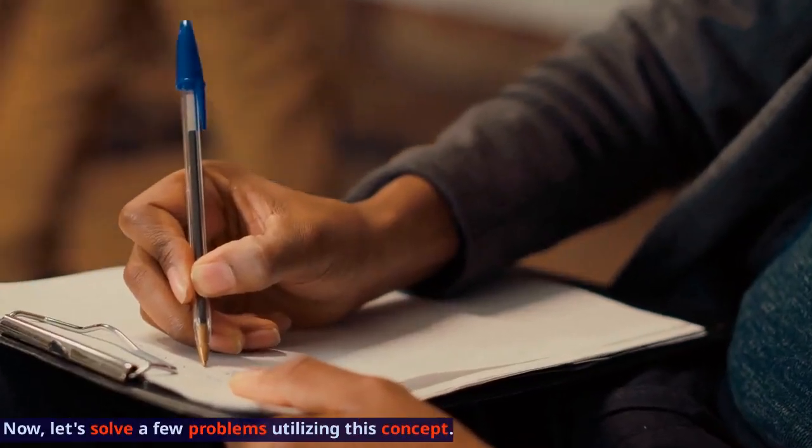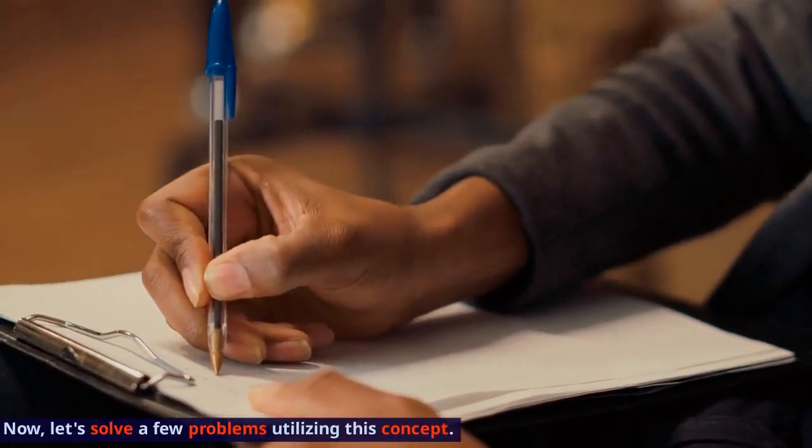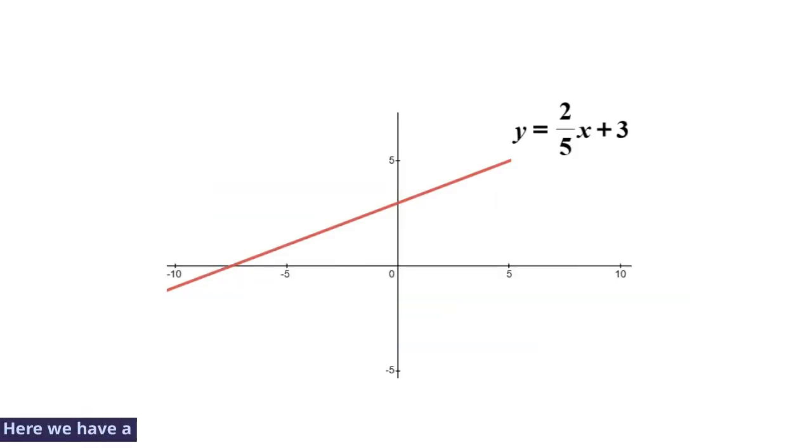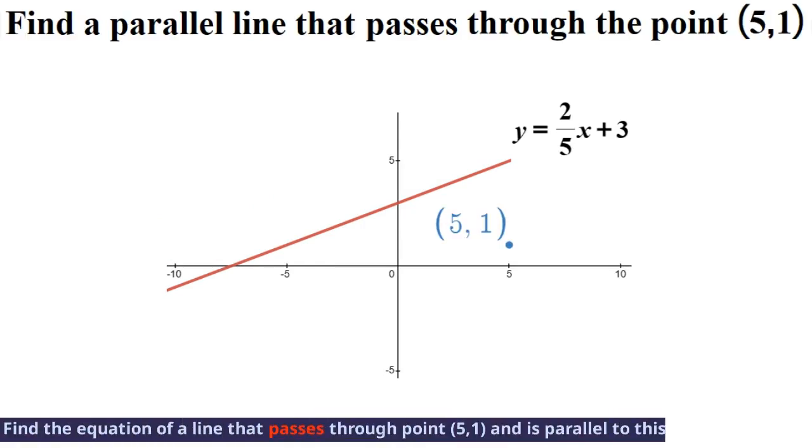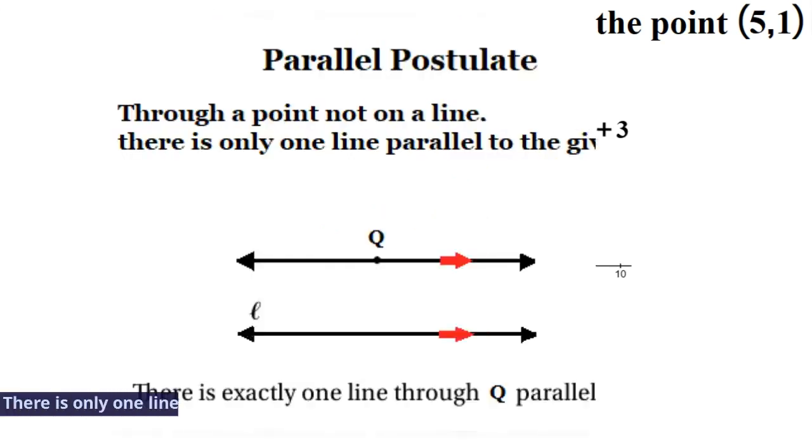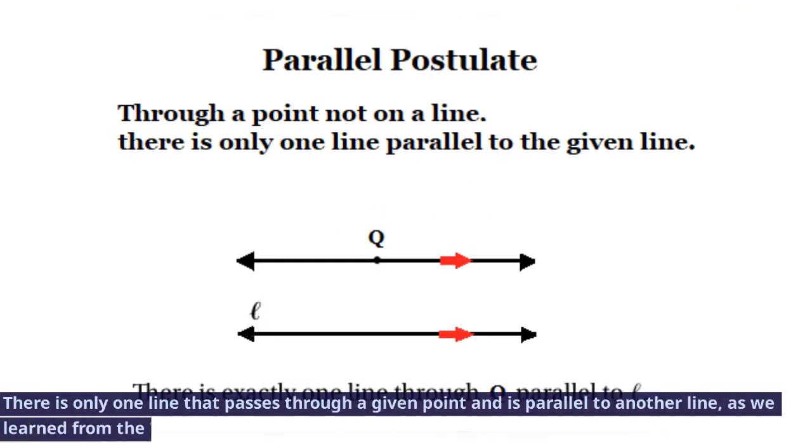Now, let's solve a few problems utilizing this concept. Here we have a line y = 2/5 x + 3. Find the equation of a line that passes through point (5, 1) and is parallel to this line. There is only one line that passes through a given point and is parallel to another line, as we learned from the parallel postulate.